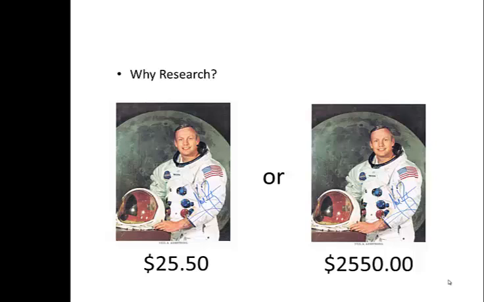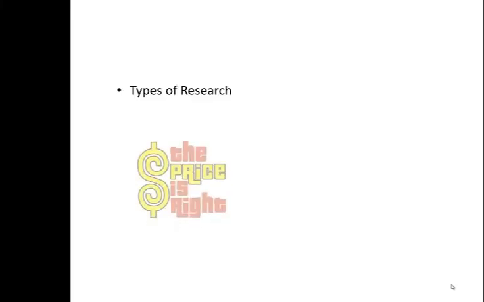But on the same token, with the value being really high, you're going to have a lot of fakes out there. So in this case, having research and knowing the different things to be able to tell if our signature was real was the difference between getting the $25 and the $2,550 which it actually went for, which was really cool.